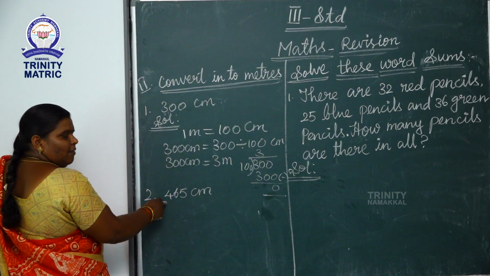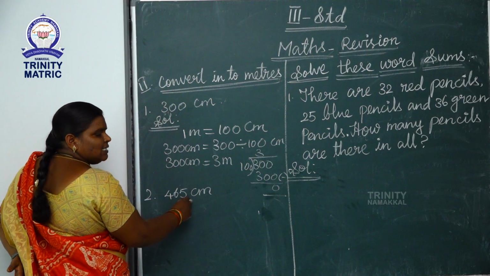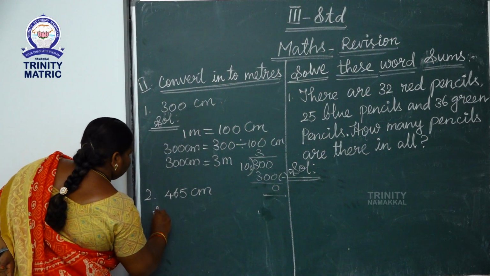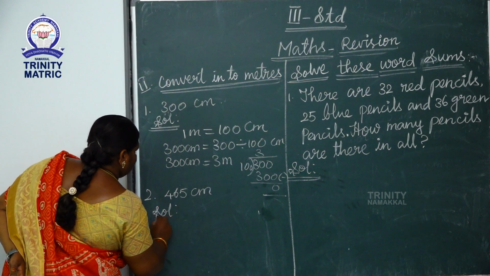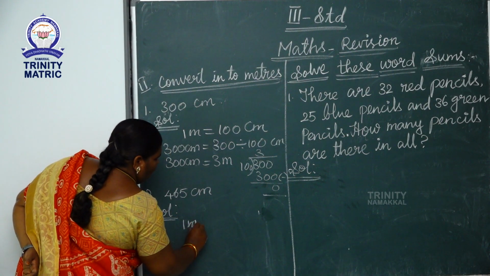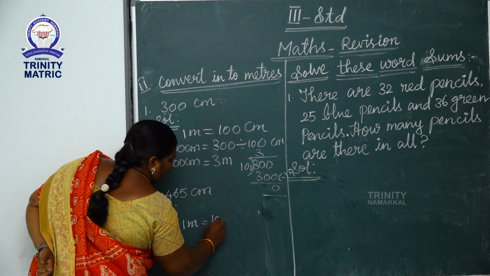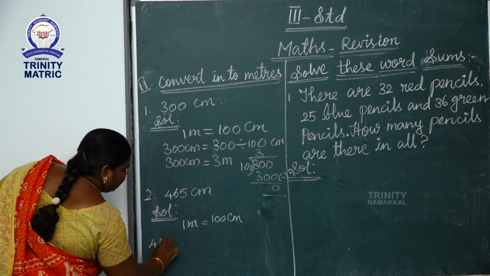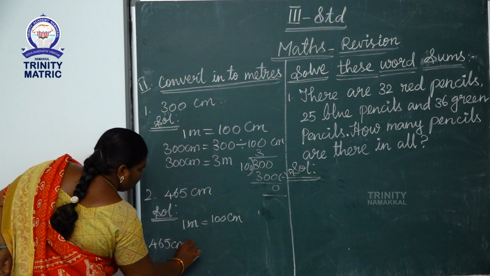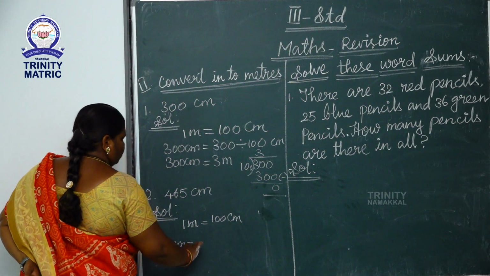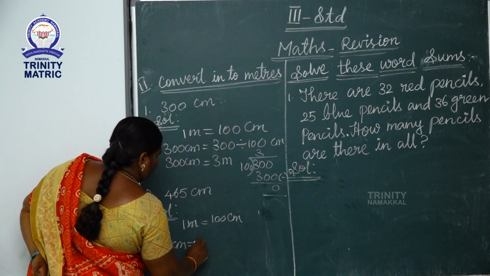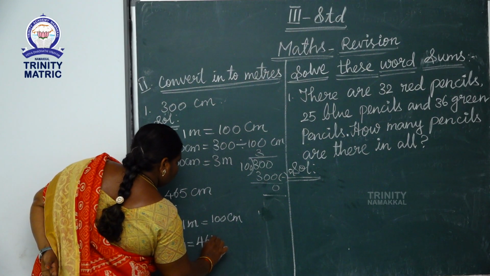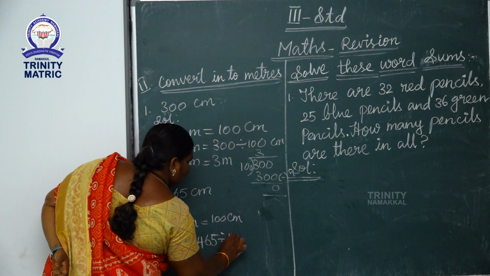What is the given number? 465 centimeter. 1 meter is equal to 100 centimeter. 465 centimeter is equal to 465 divided by 100.